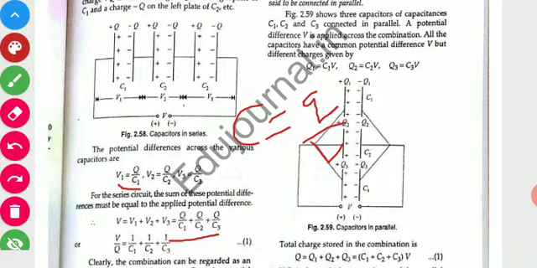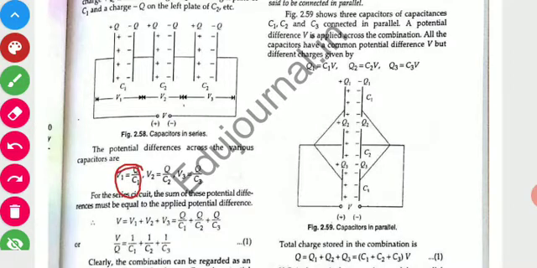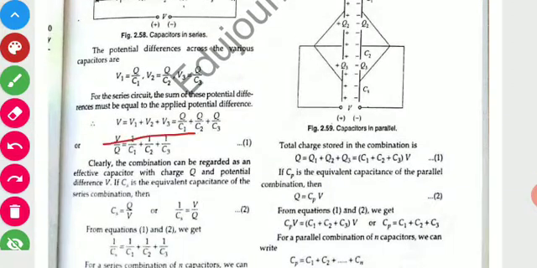So from here potential will be equal to charge upon capacitance. So we have V1 is equal to Q upon C1, V2 is Q upon C2, V3 is Q upon C3. If we put the values of V1, V2, V3, we get the expression V upon Q is equal to 1 by C1 plus 1 by C2 plus 1 by C3.